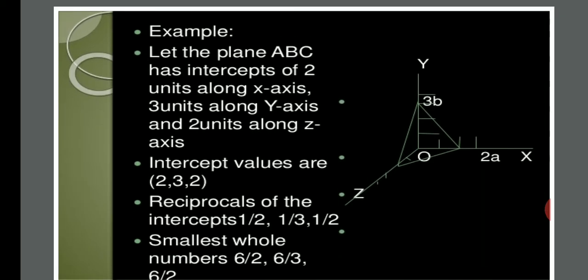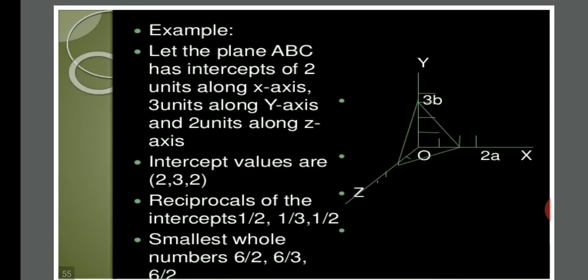Example: let the plane ABC have intercepts of 2 units along the x-axis, 3 units along the y-axis, and 2 units along the z-axis. The intercept values are 2, 3, 2. The reciprocals of the intercepts are 1 by 2, 1 by 3, 1 by 2.